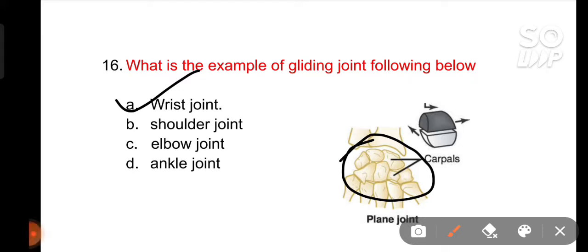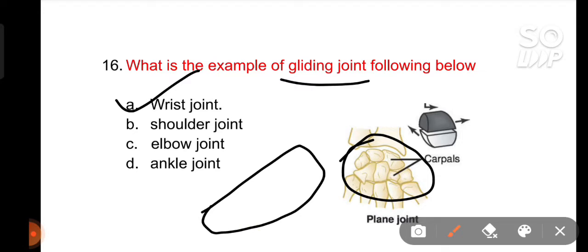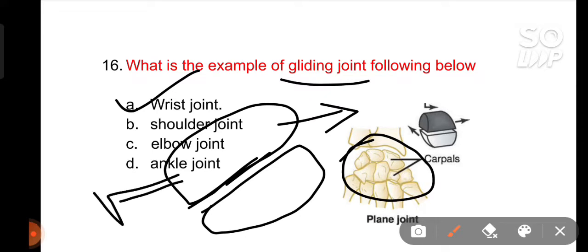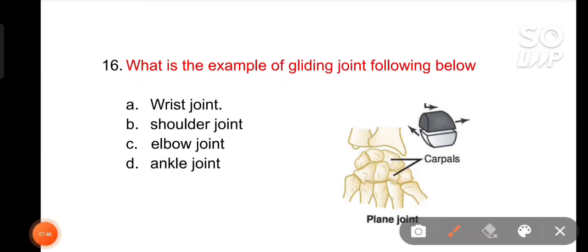This joint comes under the gliding joint. Gliding is nothing but one bone moving over another bone. So on this bone another bone will move forward or backward. So it is called gliding. Okay, gliding is nothing but moving on one object with another.